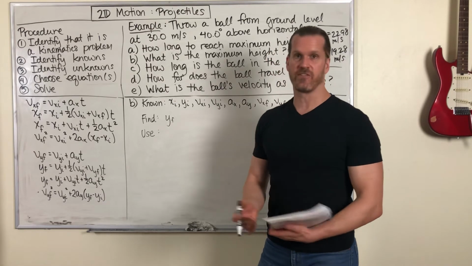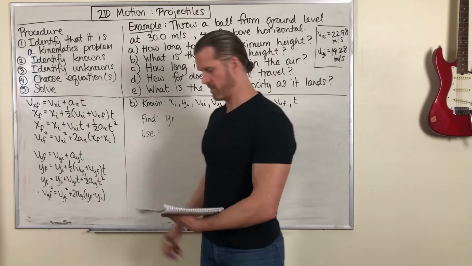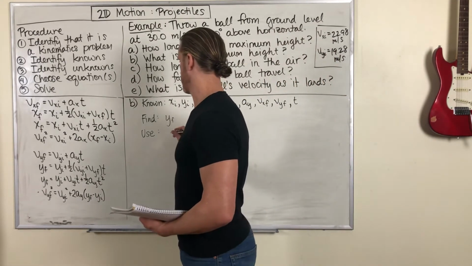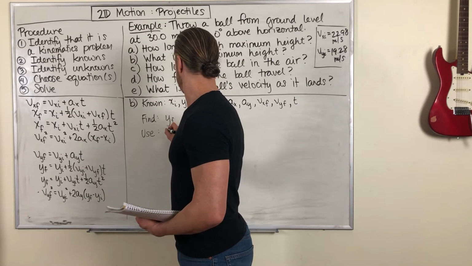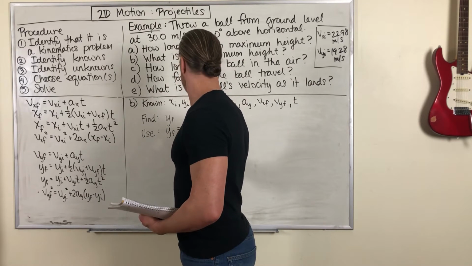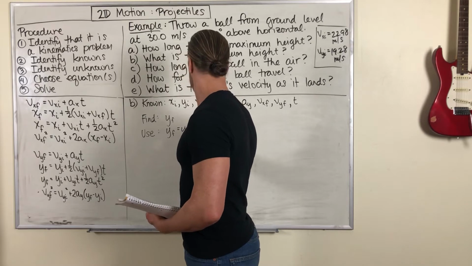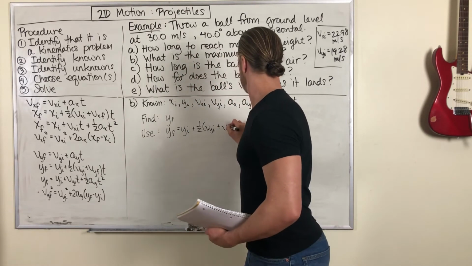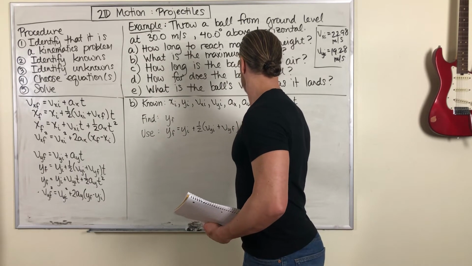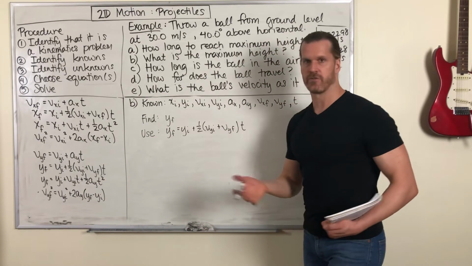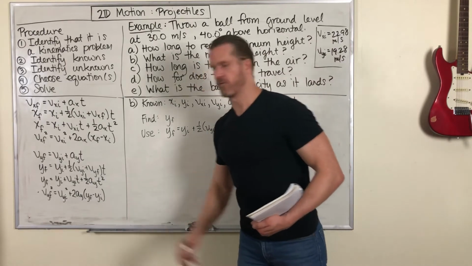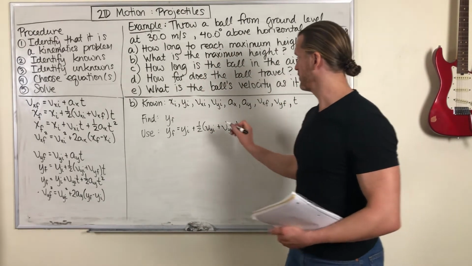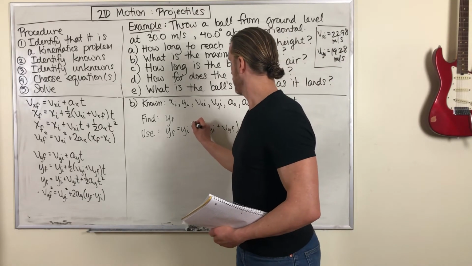So let's just pick the easiest one to use, and I think maybe equation 2 is the easiest one to use. If you want, you can use either of those. You might double check by trying those. But this is pretty simple because y initial is 0.